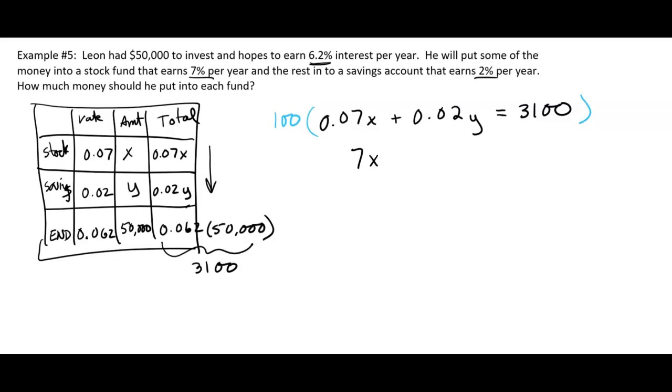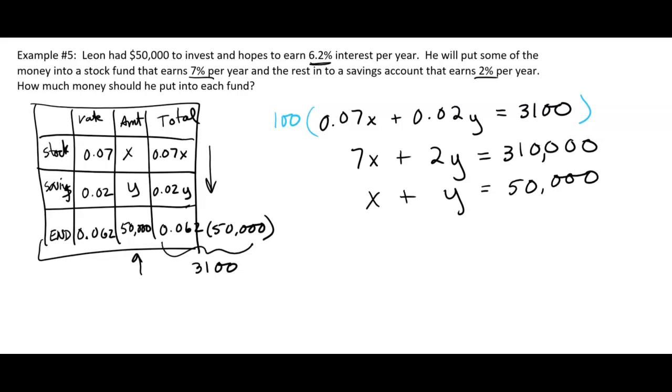So 7x plus 2y is equal to 310,000. Now it does make that number large, but maybe that's how much money we're going to make. Okay, now the other equation comes from this column. So it just says that x plus y has to equal 50,000.